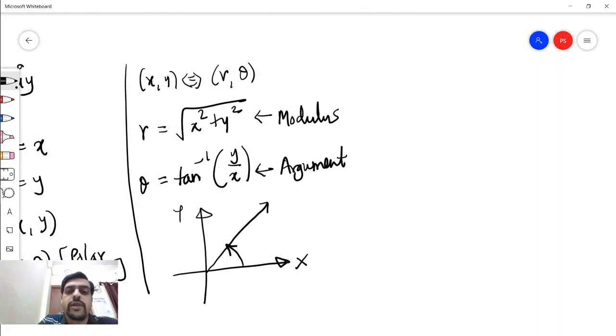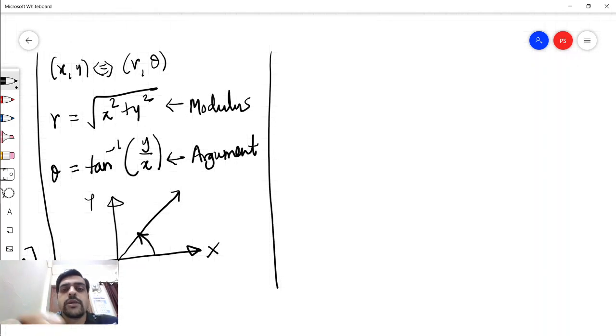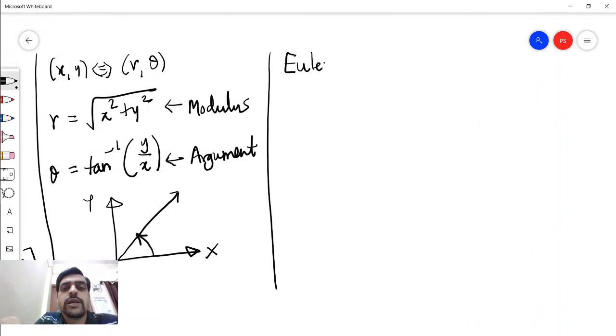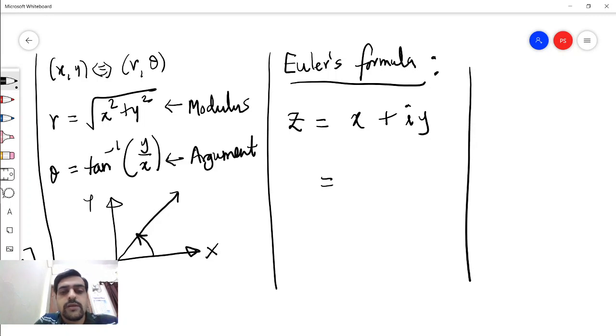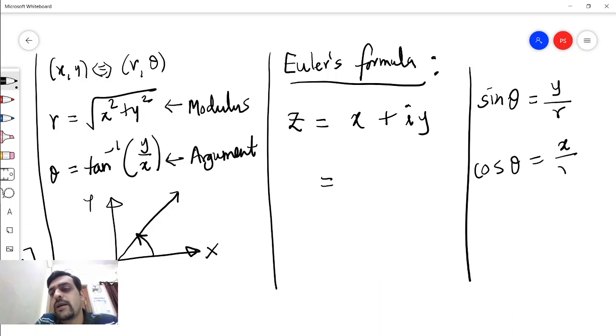So we will introduce another formula which is well known to us. It is called Euler's formula. We will use the previous equations, z equals x plus iy. We know that sin theta was written as y by r and cos theta was written as x by r.